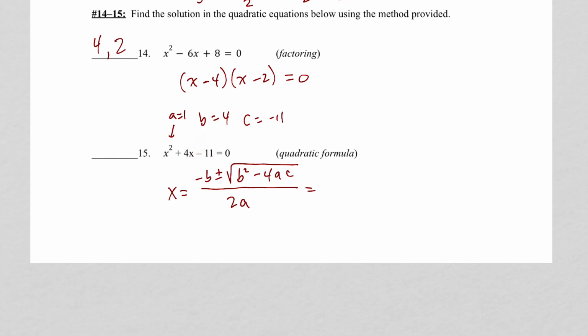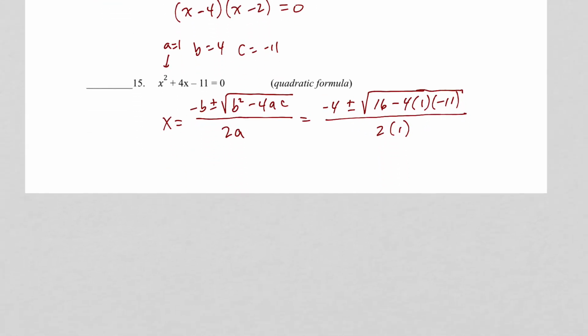So negative b is negative 4 plus and minus the square root of b squared. Negative 4 squared is a positive 16, minus 4, a is 1, c is negative 11, all over 2 times a.